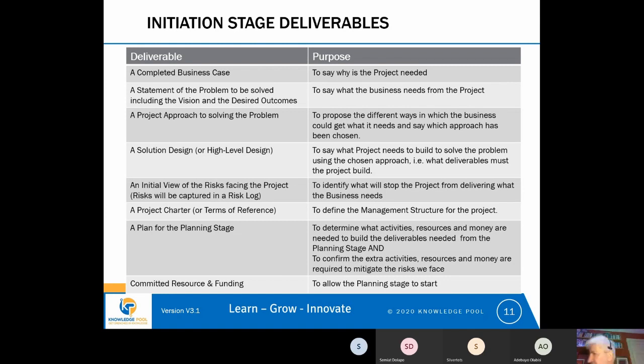So different organisations mandate different composition for their project initiation documents.